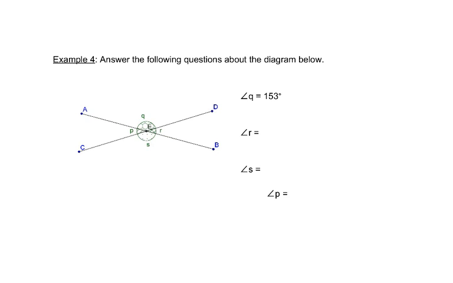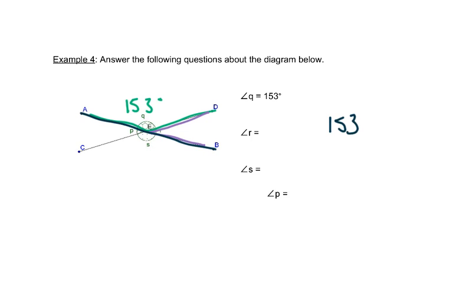So let's look at this problem right here. It tells us that angle Q is 153 degrees. So let's talk about angle R. If this is angle Q and this is angle R, we know that makes a straight line, so Q and R have to add up to 180 degrees.